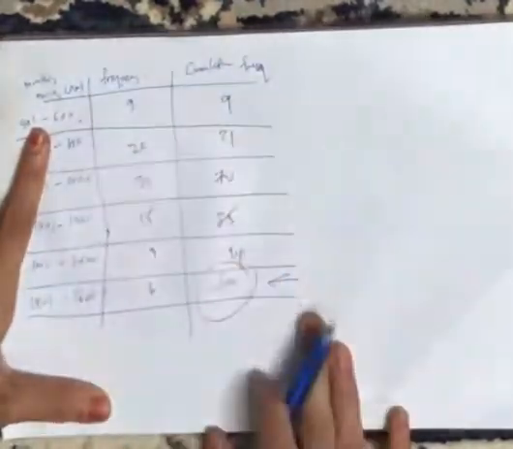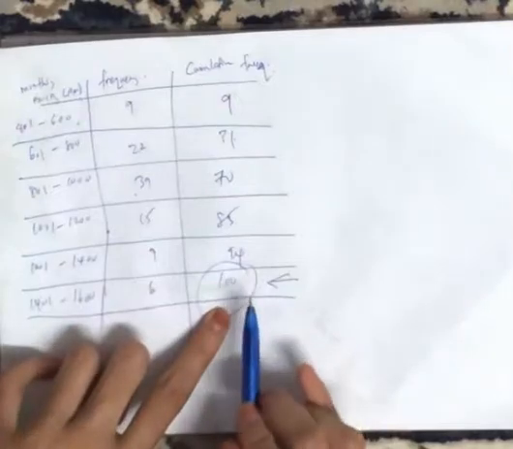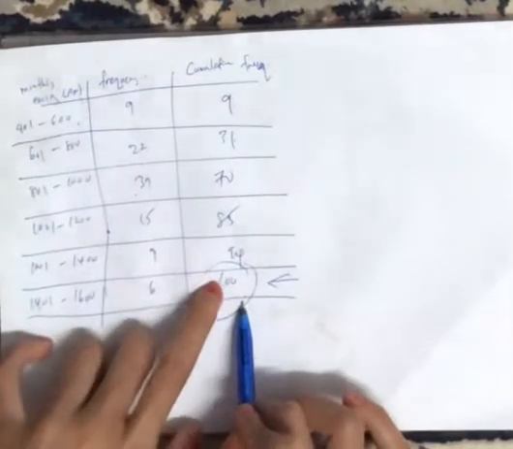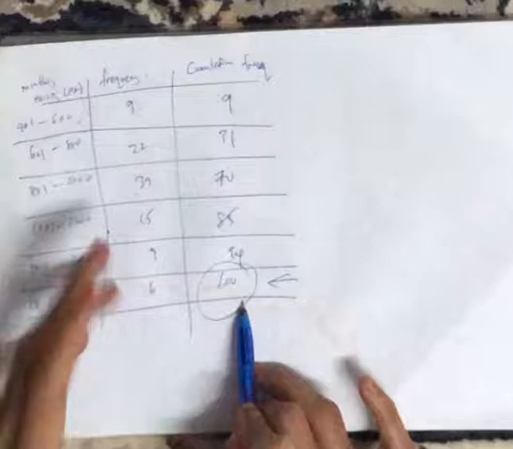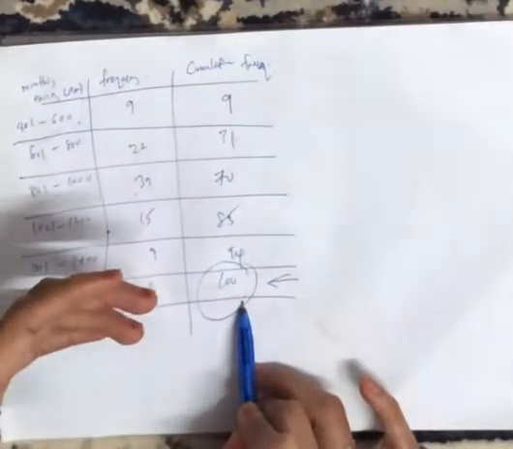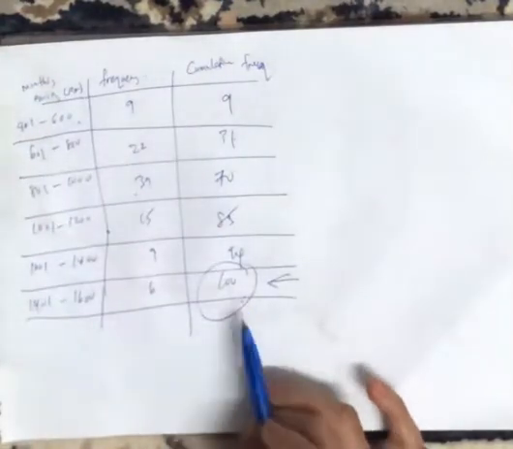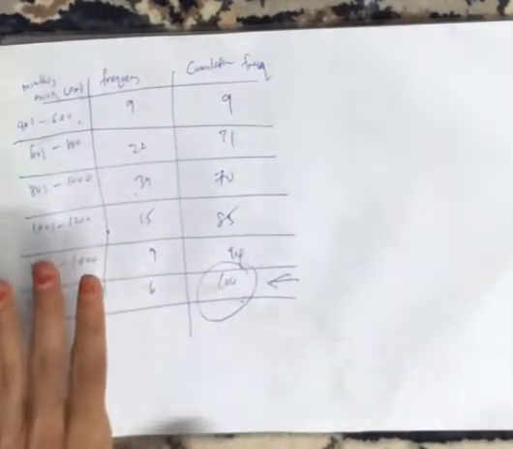So this is the data that we get, and the last number represents the total number of candidates surveyed. It's simple, right?